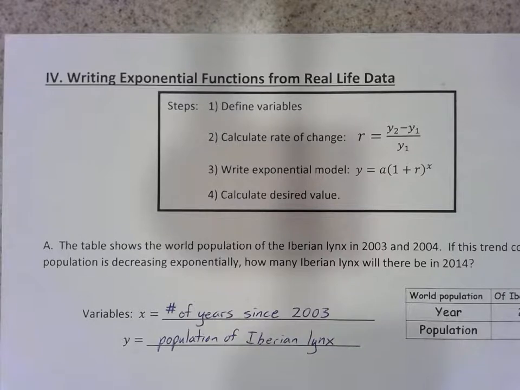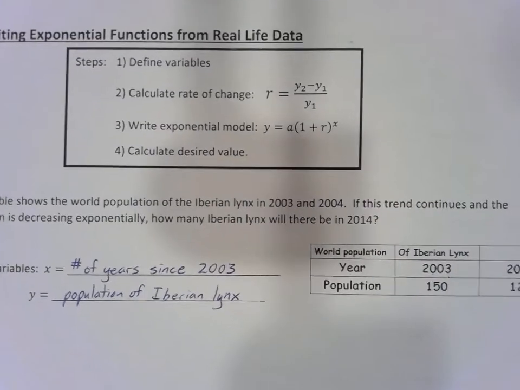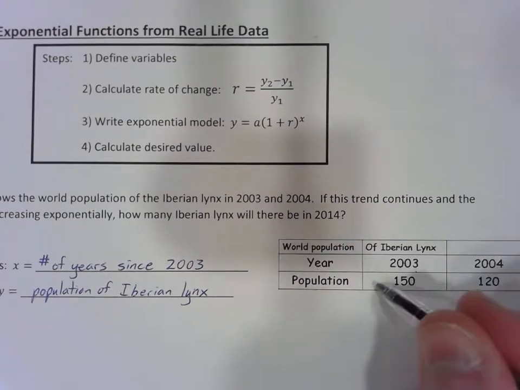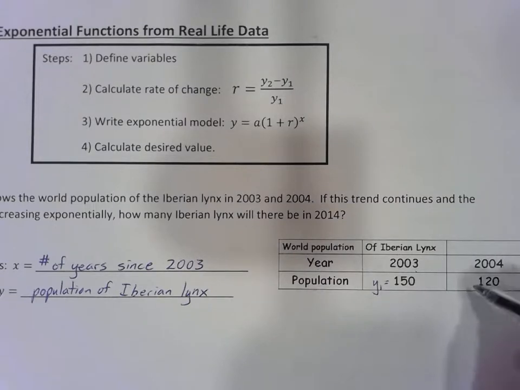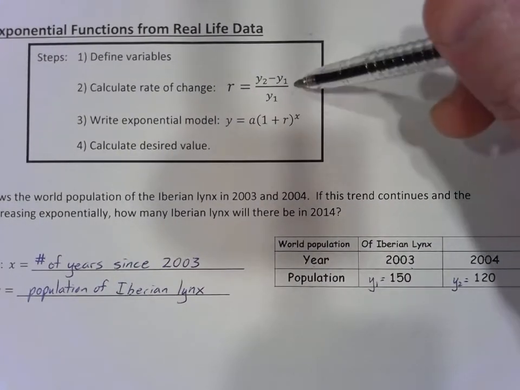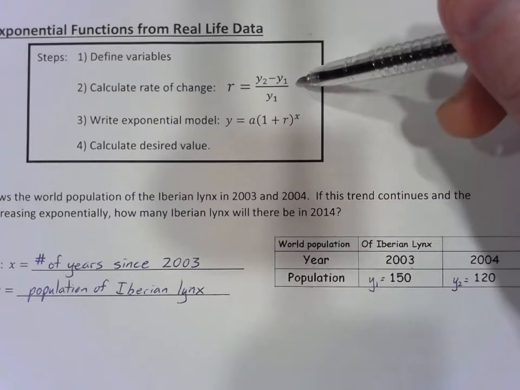So next step is to calculate the rate of change. So if this is my y1, 150, and then the second y value, the second population count, is 120, we want to use this formula to calculate r.